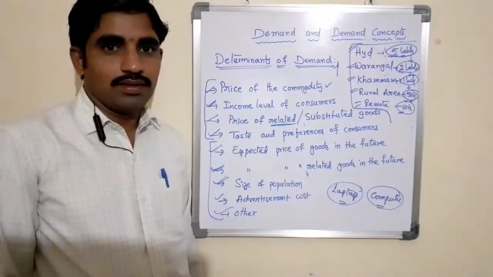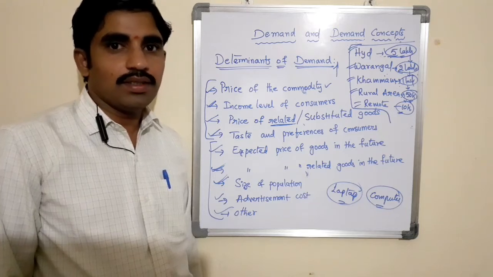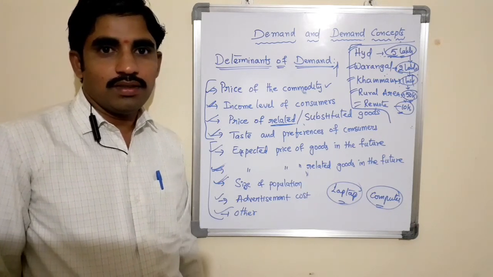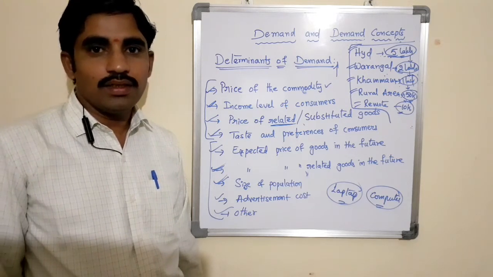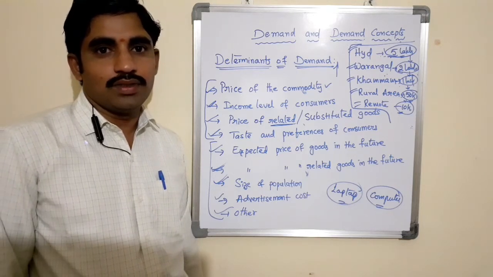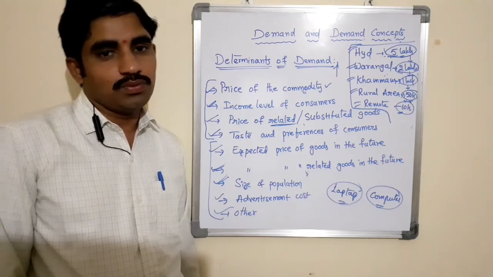And wealth. The amount demanded of a commodity is also affected by the amount of wealth as well as its distribution. The wealthier the people are, the higher is the demand for normal commodities. If wealth is more equally distributed, the demand for necessaries and comforts is also more.